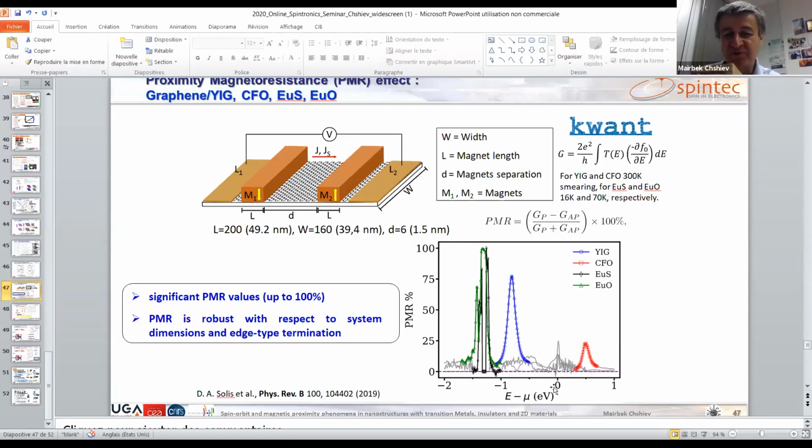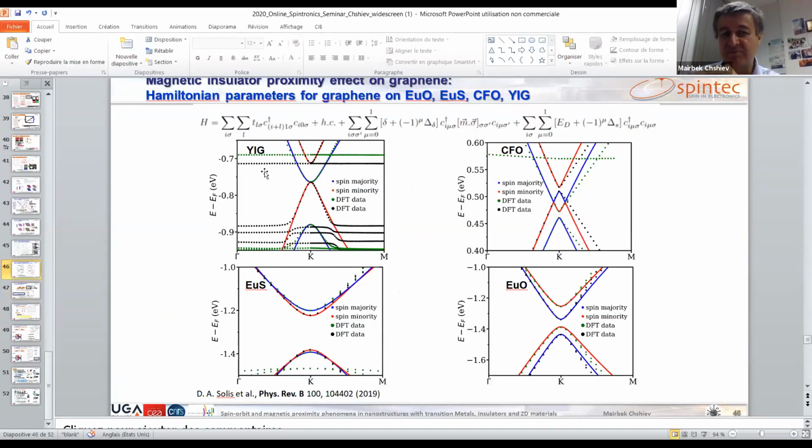Zero is the Fermi level, the chemical potential of your leads, and graphene in the middle and also in the lead. But in this magnetized region, you are getting it heavily doped, as you see here in the band structure, because you see minus 0.7, which is heavily electron doped. The only one out of 4 which is doped with holes is CFO.